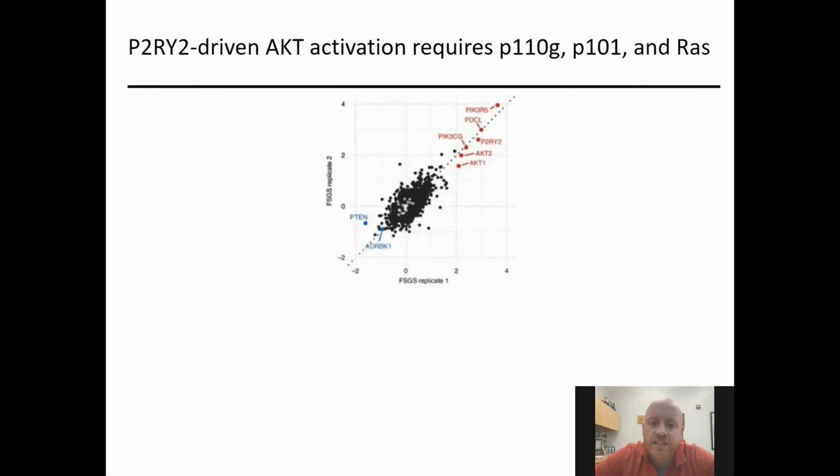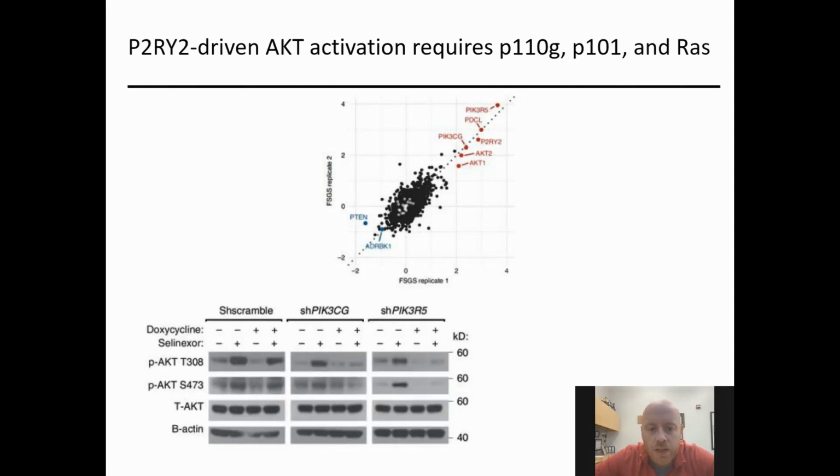To further understand signaling downstream of P2RY2 that's leading to AKT activation, we performed a series of mechanistic studies which revealed that P2RY2-driven AKT activation requires PI3 kinase gamma, P101, and also RAS. So for example, if you knock down PI3 kinase gamma or its cognate regulatory subunit PIK3R5, you block AKT activation.